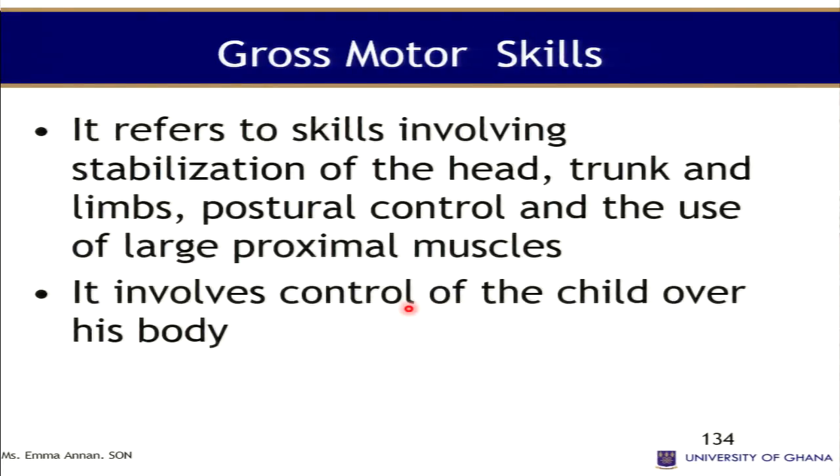It refers to skills involving stabilization of the head, the trunk, the limbs, postural control, and the use of the large proximal muscles. It also involves control of the child over his body. So that is what is termed gross motor skills.